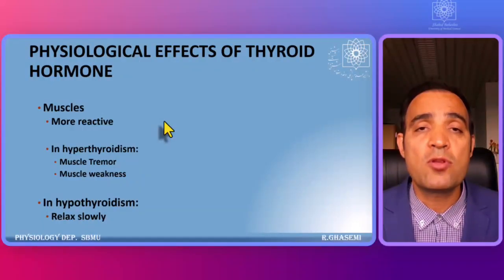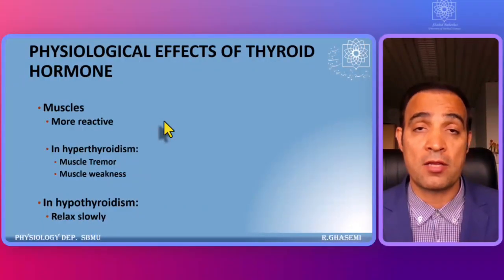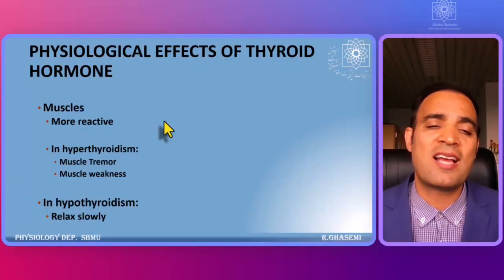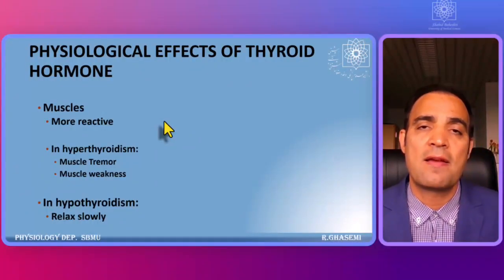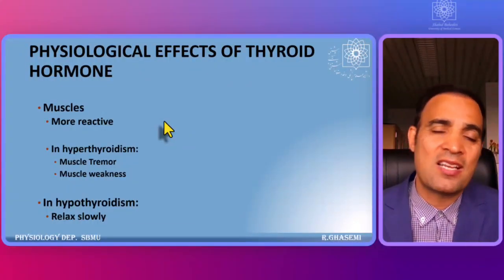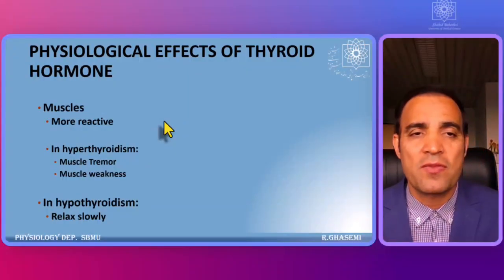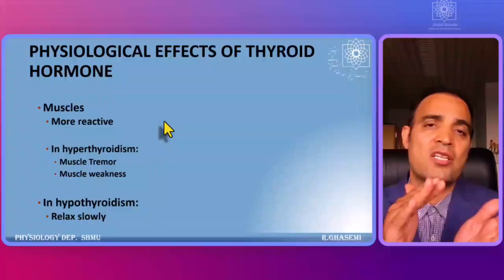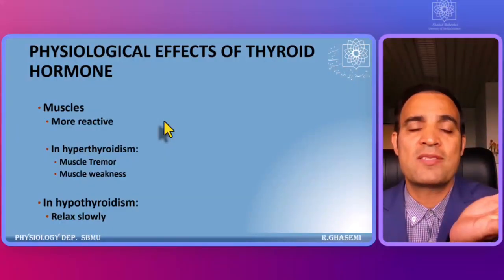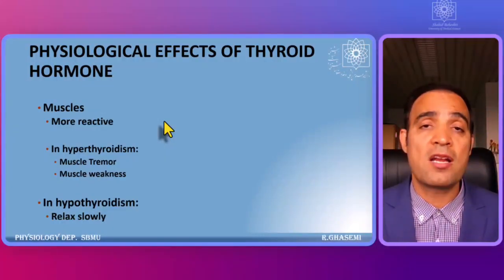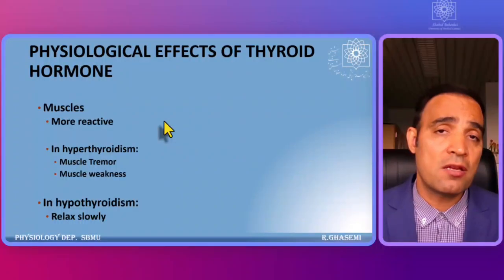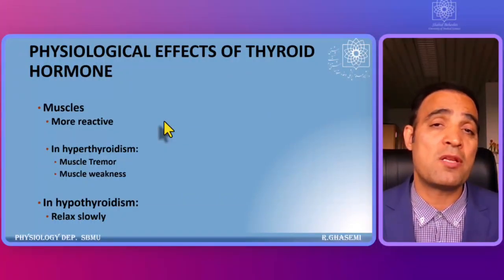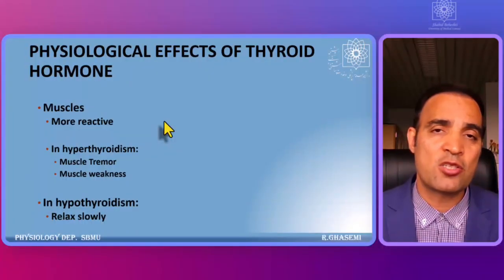And in hypothyroidism, on the other hand, muscles do not work normally. They relax slowly, and their activity time is decreased. Collectively, I can tell you that normal concentration is essential for normal function of the muscle.